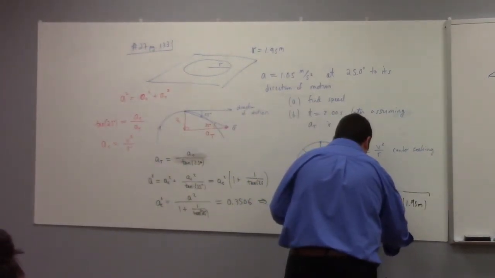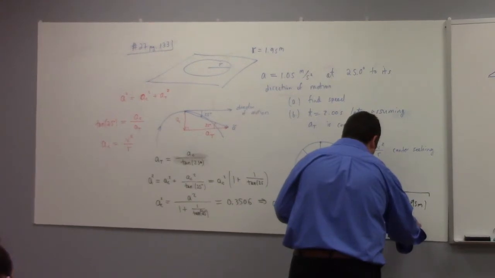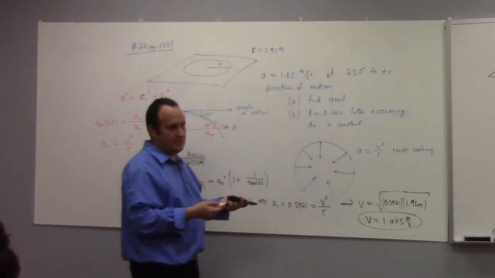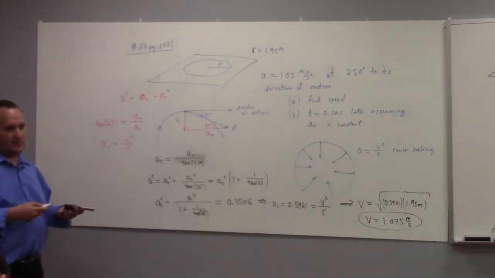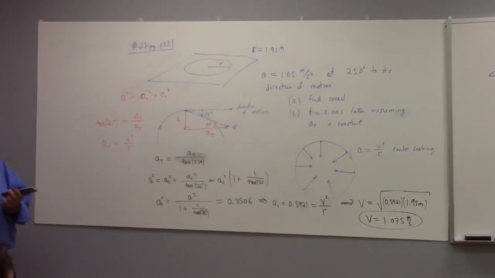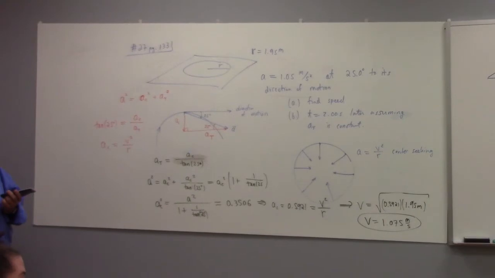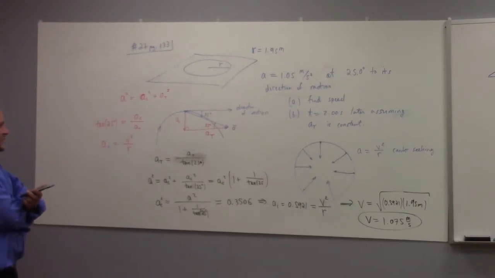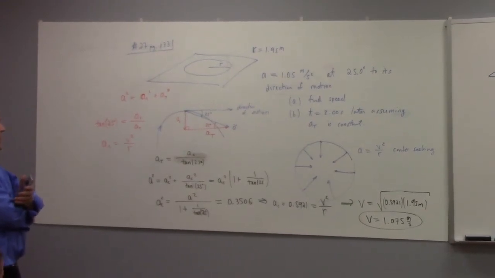What did you guys get? 1.075 meters per second? And is that it's just number 27, is that the answer? Or is the book wrong? 0.930. Well, that is disturbing. Is that the speed? Huh.